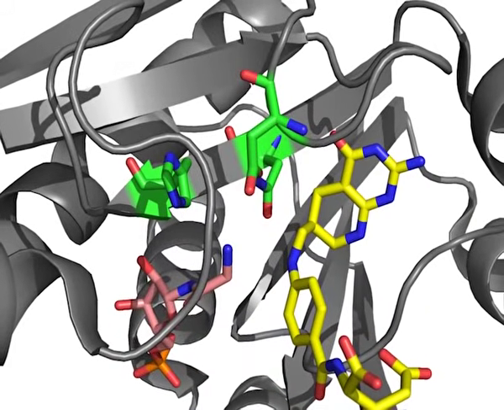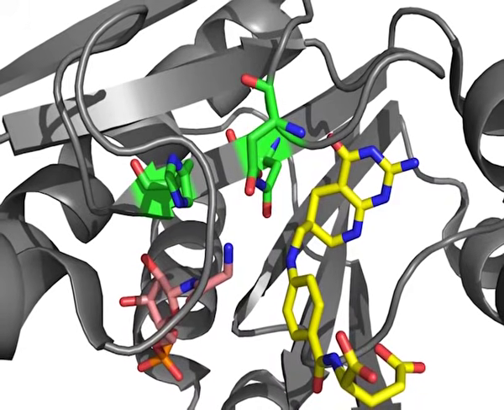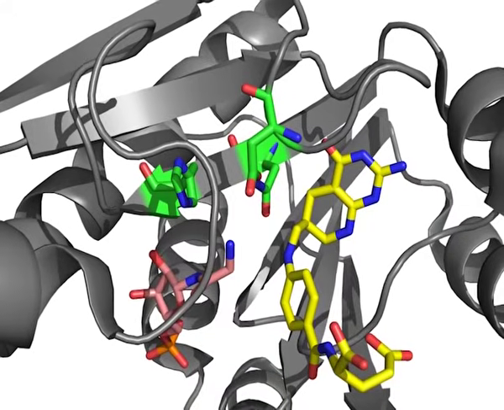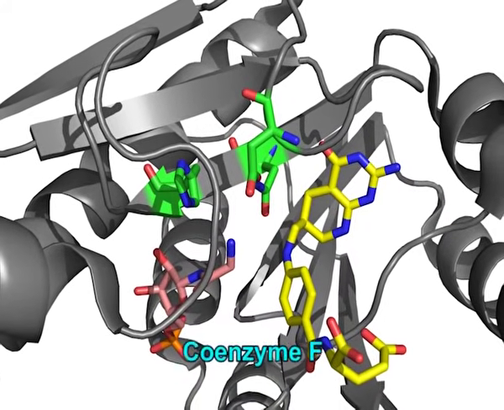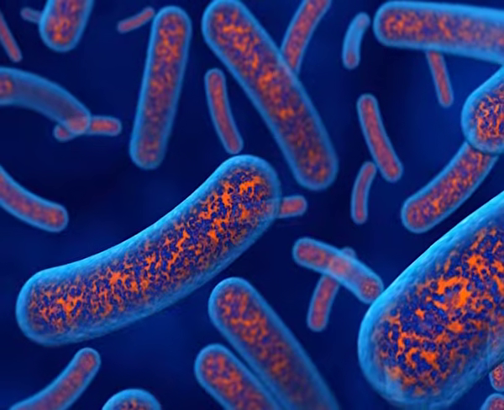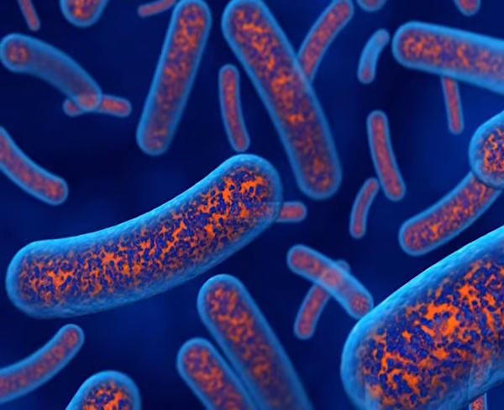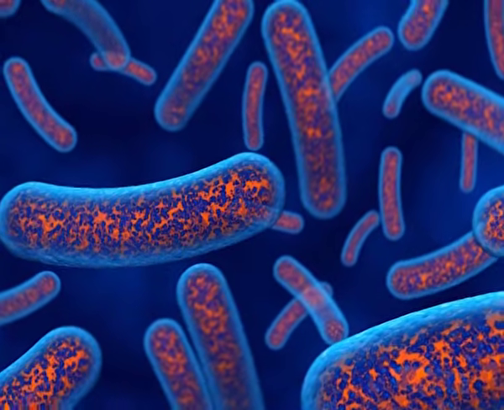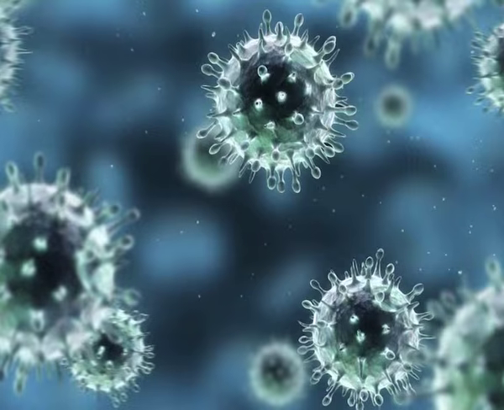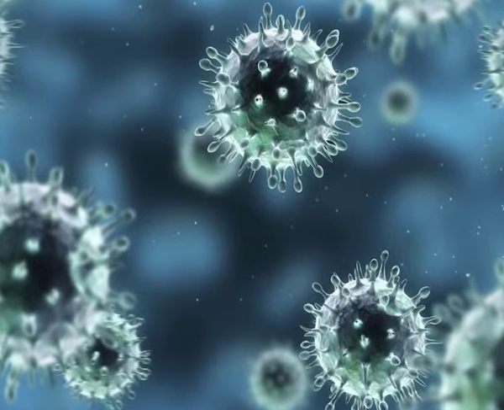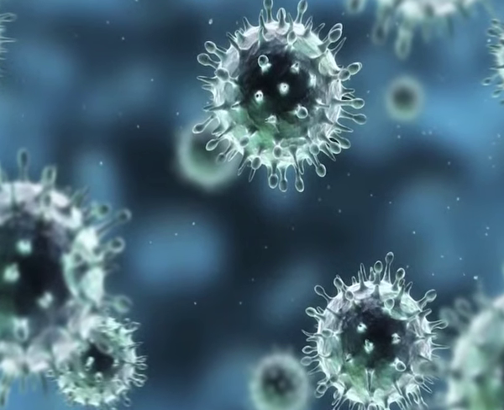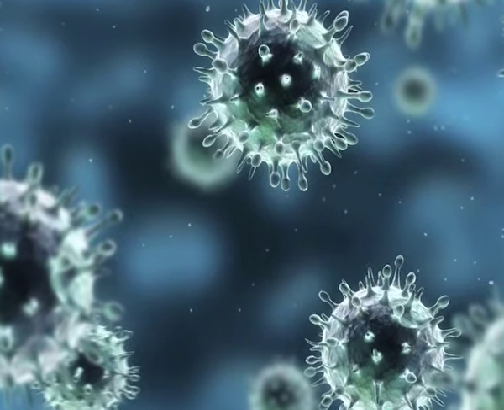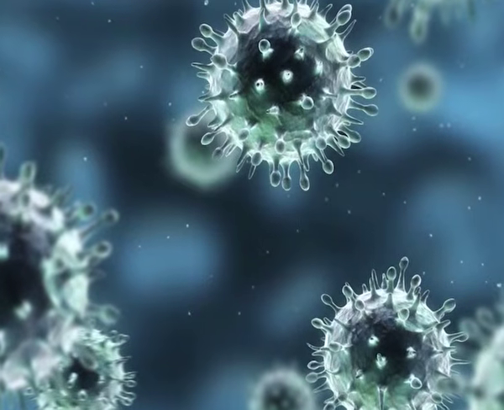Sulfonamides are competitive inhibitors of dihydropteroate synthetase, which is a vital enzyme for the synthesis of tetrahydrofolate, known as coenzyme F. This coenzyme F or tetrahydrofolate is important for pyrimidine nucleic acid synthesis in bacteria. If it inhibits the synthesis of tetrahydrofolate, the bacteria can no longer grow and divide, which gives time for the host immune system to destroy the bacterial cells.